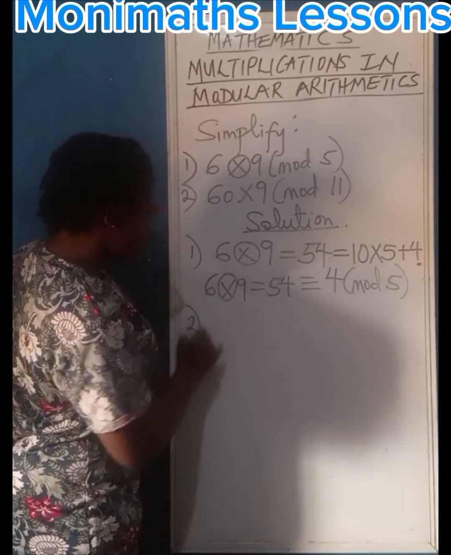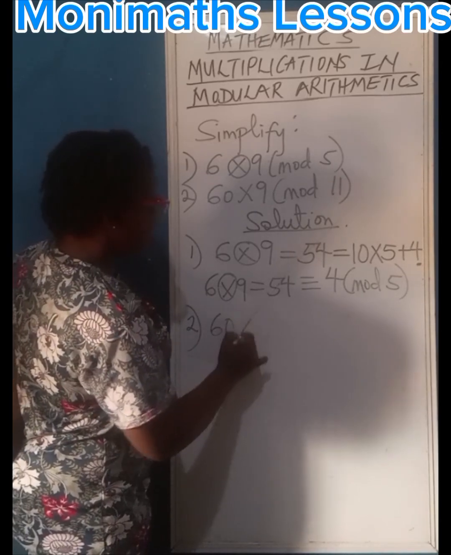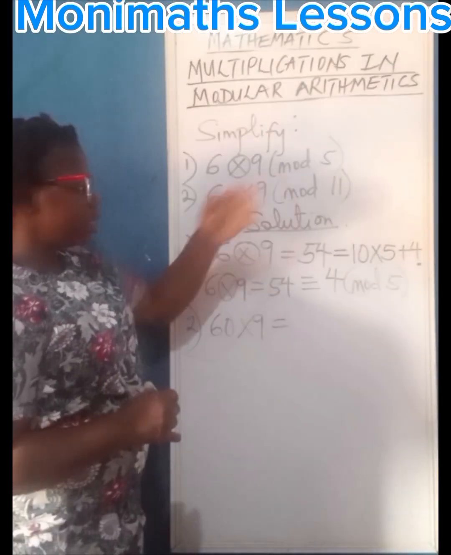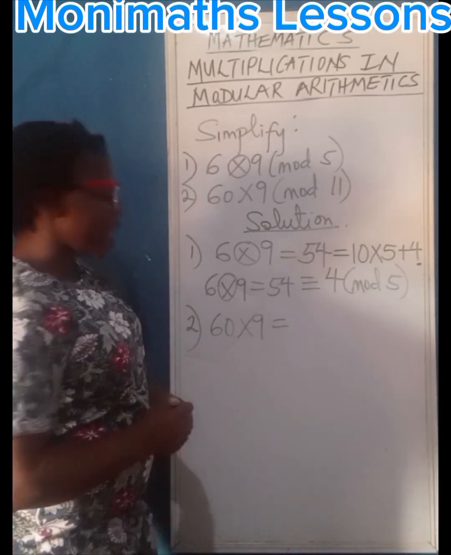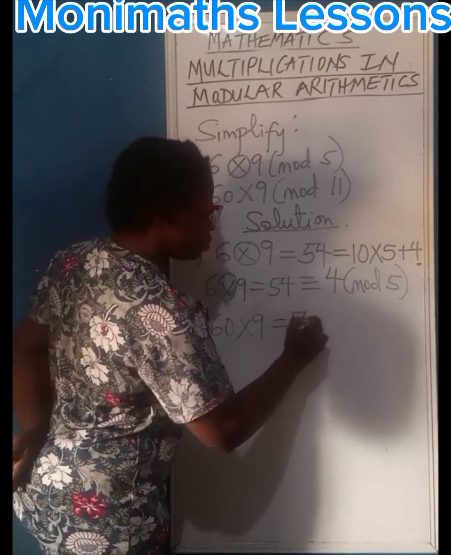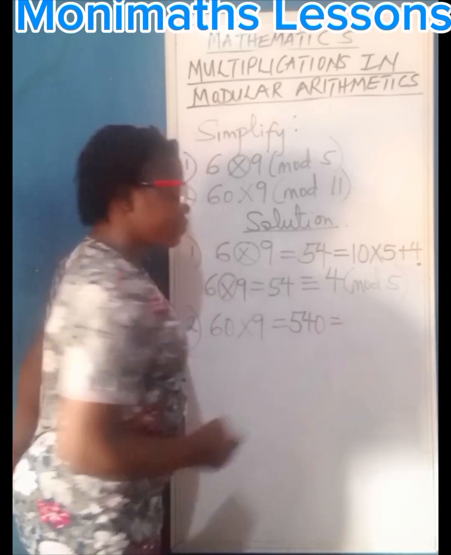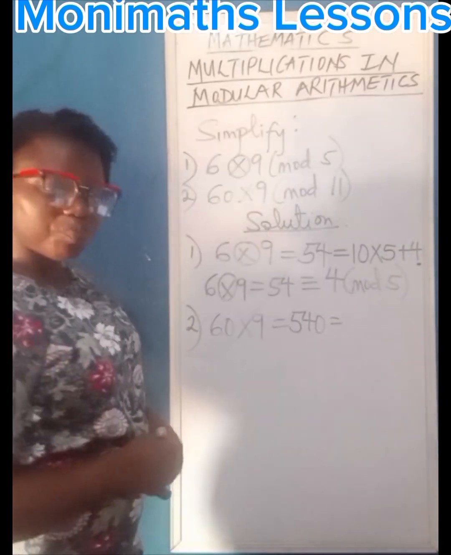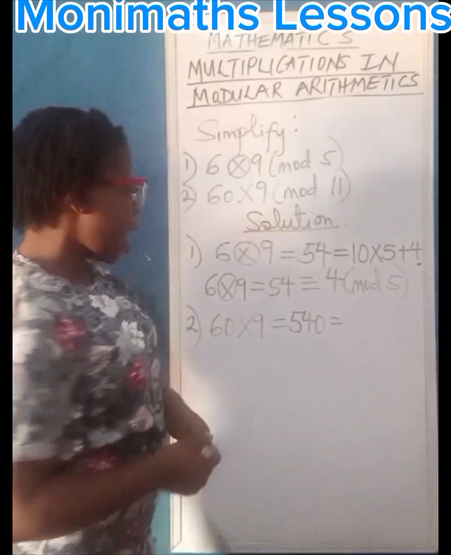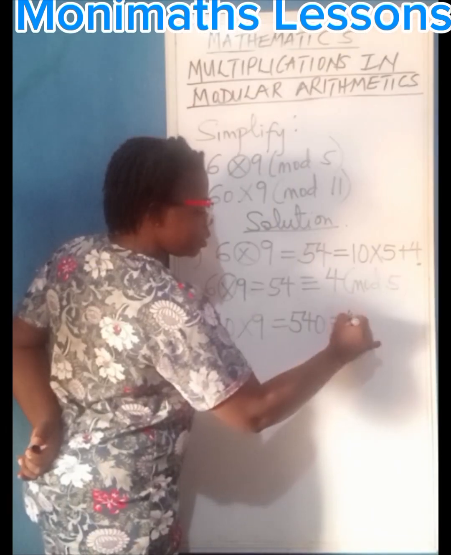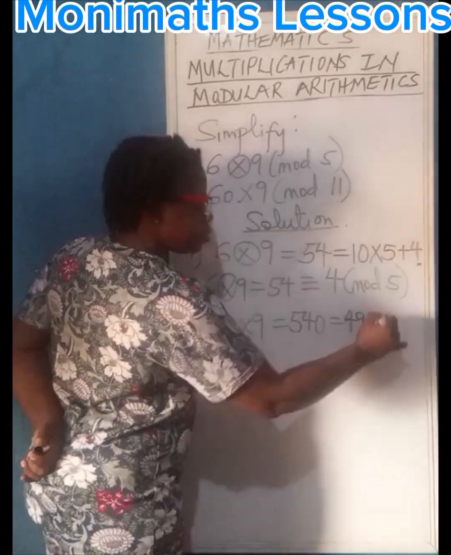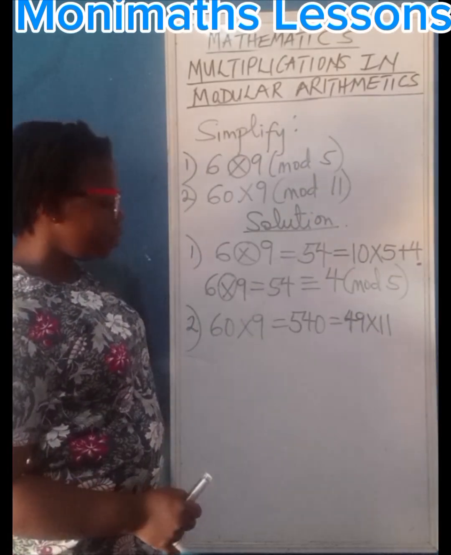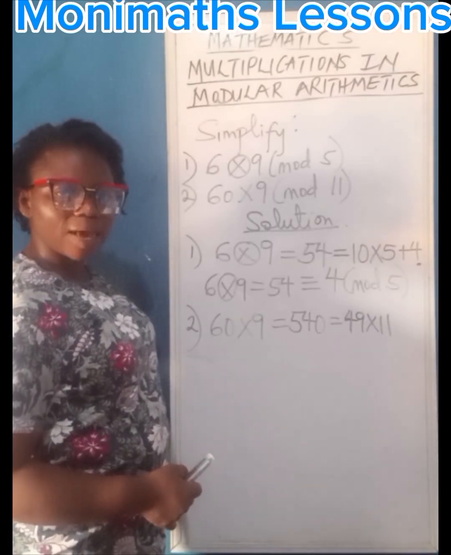The second one, we have 60 times 9 in modulo 11. 60 times 9 is 540. 540 in modulo 11 can be expressed using the modulo as 49 times 11. 49 times 11 is 539.